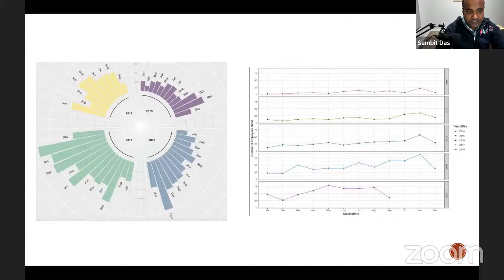On the left it's showing you the hires over every month. You can see from the spikes that the October, November period is generally where the hires happen on the left-hand chart, because the size of the bar is high in the November month.